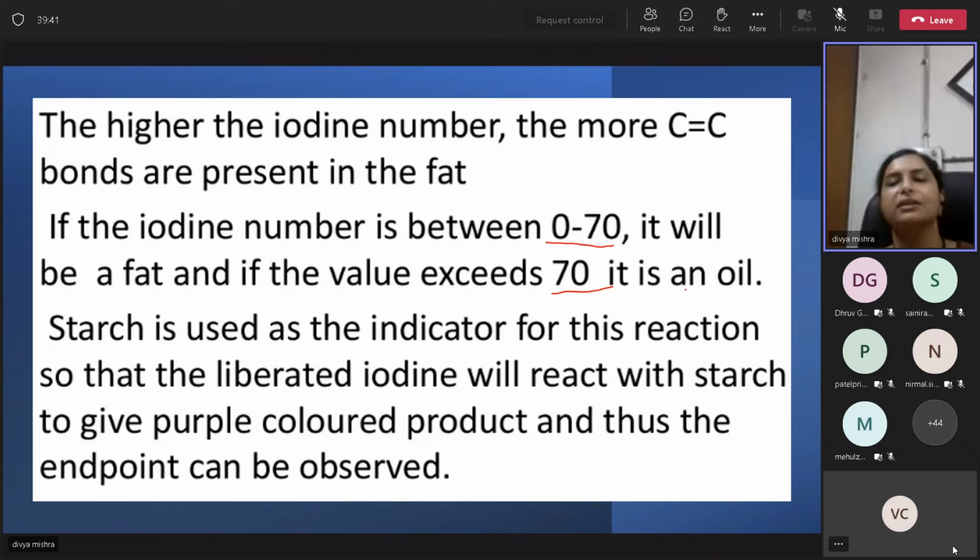It is not butter, but oil. This is an example just to help you understand the whole thing. So the basic principle is the halogenation addition reaction. Starch is used as an indicator to determine the liberated iodine. The color change will be from purple to colorless.